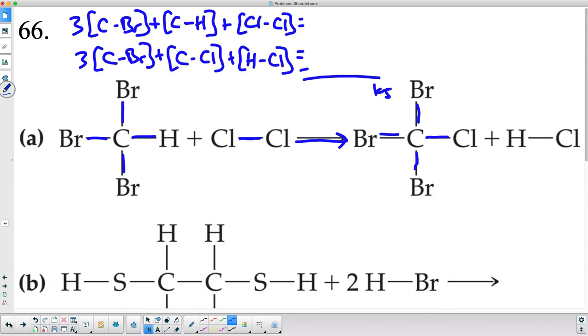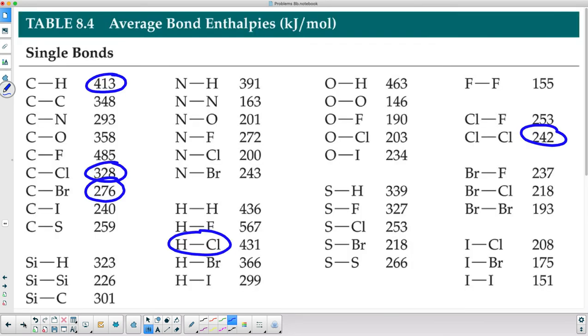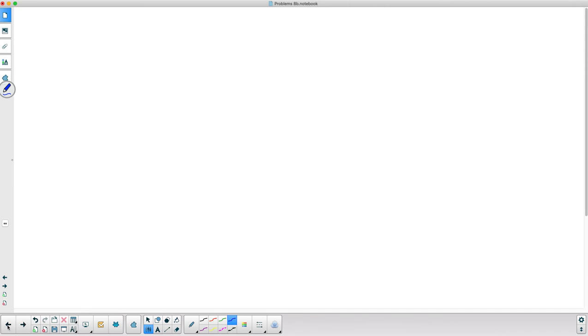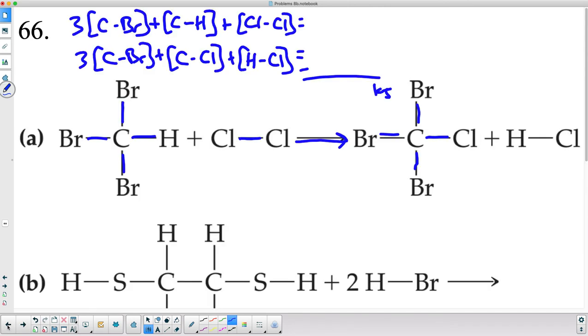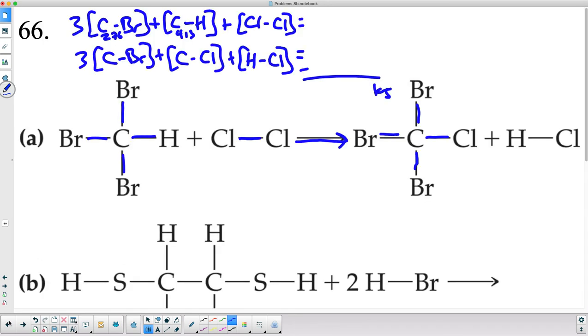The C-Br is 276, let's remember that. So 3 times 276, the C-H was 413, and Cl-Cl is 242. Oh, a palindrome. Okay, 242.